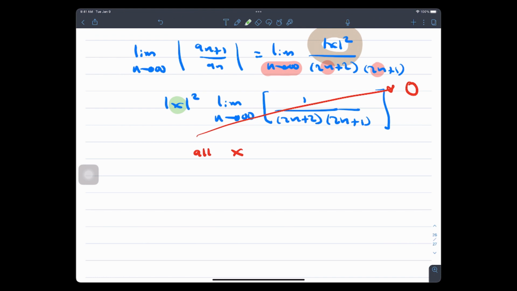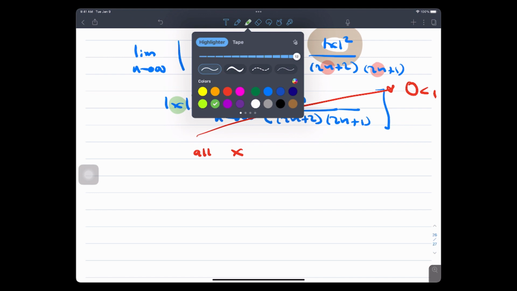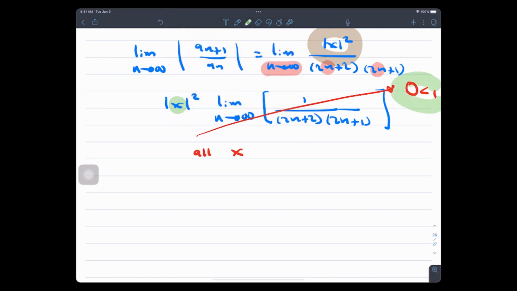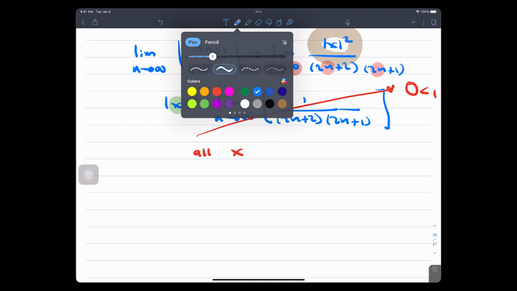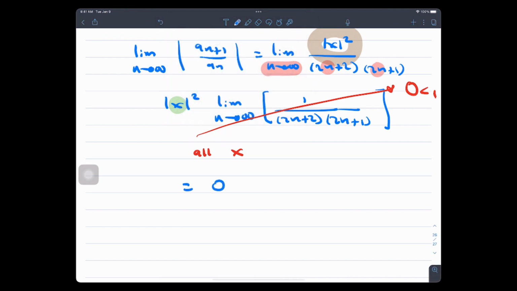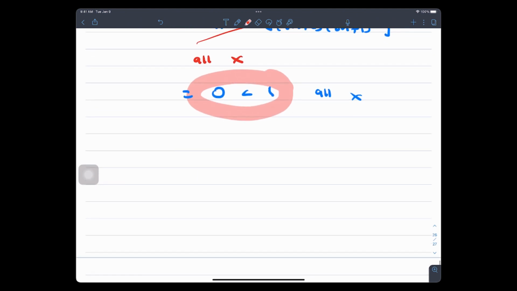So this limit is 0, which is smaller than 1. And what does any limit that's finite smaller than 1 by the ratio test mean? So this whole thing is 0, which is less than 1 for every x value. What does that mean by the ratio test?